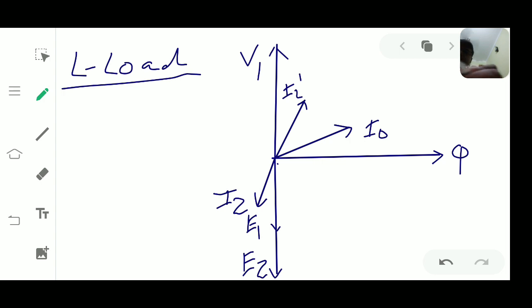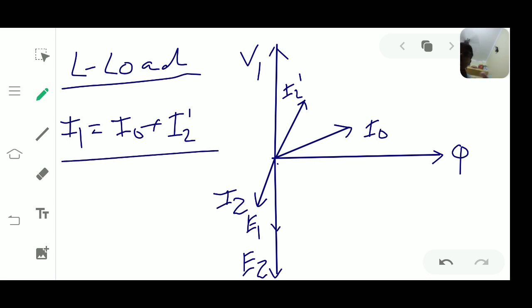Now we know from the equation that I1, the primary current, is equal to the no load current plus the secondary current reflected to the primary, that is I2 dash. So we will add these two to get I1.